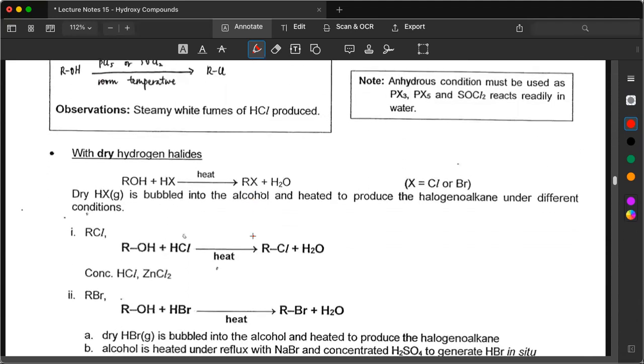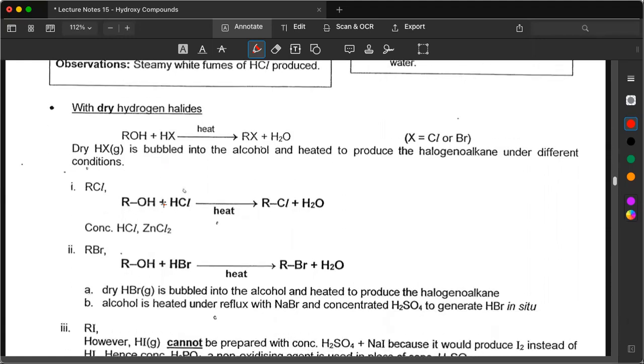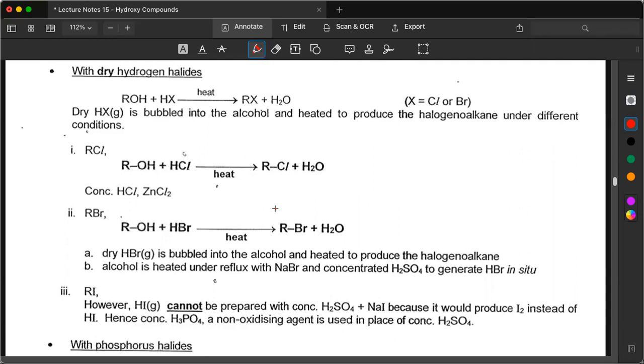So with dry hydrogen halide, ROH and HX, upon heating, will form RX and H2O. So the dry HX is bubbled into the alcohol and then heated to produce the halogenoalkane under different conditions. So for RCl, we use HCl to produce the RCl. So it can be CH3Cl or CH3CH2Cl. For RBr, we use HBr to react with the ROH.